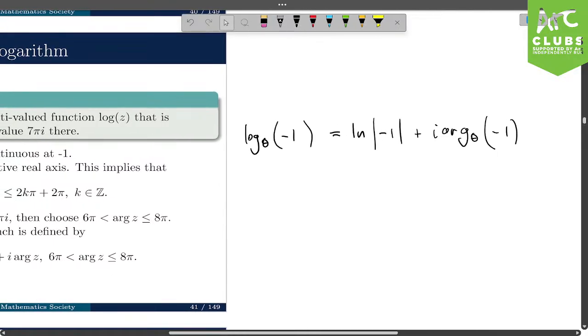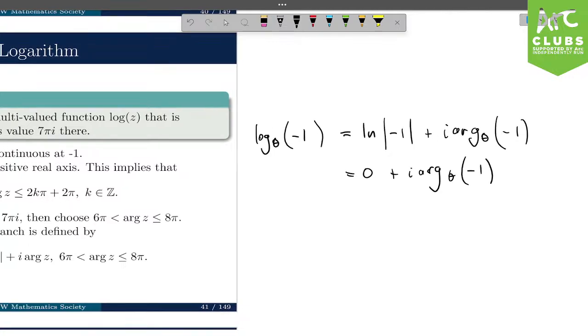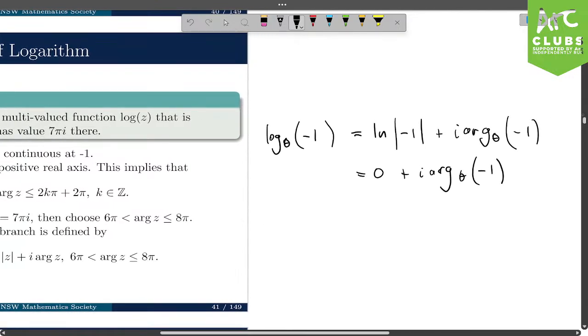So natural log of 1 is obviously going to equal 0, plus i arg theta of minus 1. So we're just solving for this angle theta then, right?